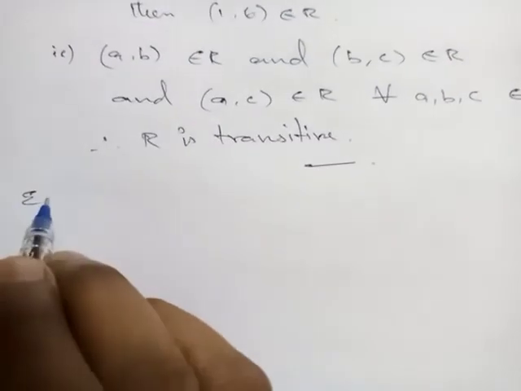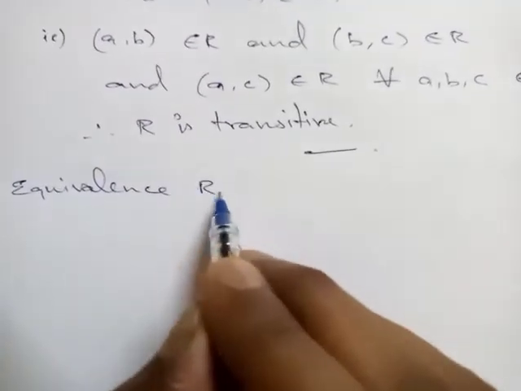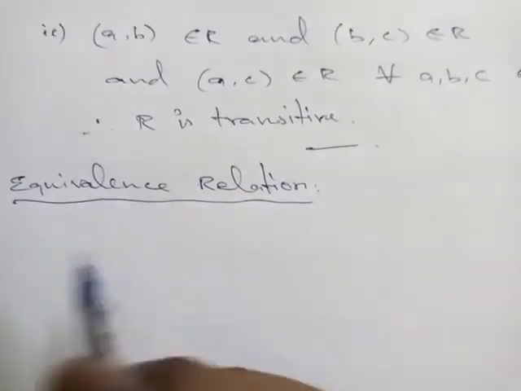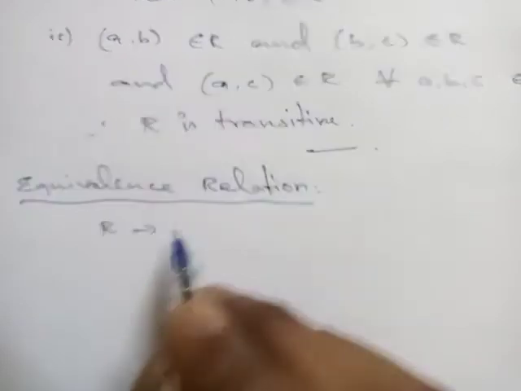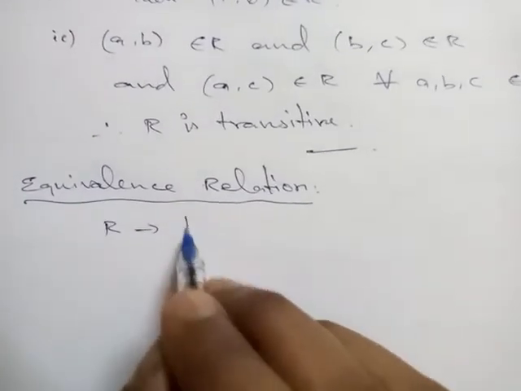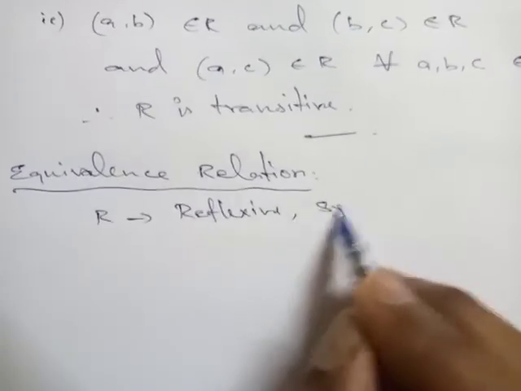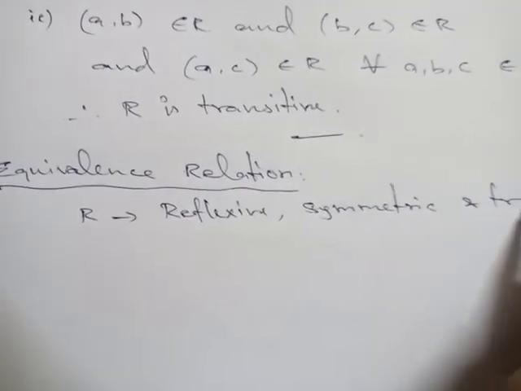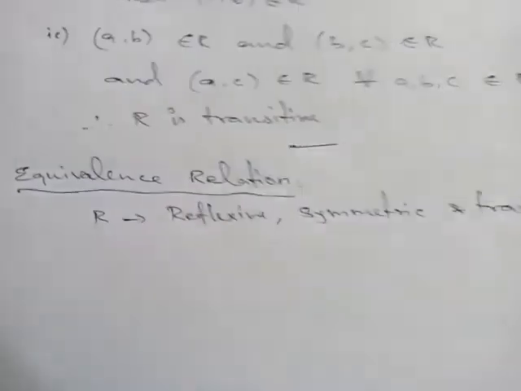Suppose one more thing is there, equivalence relation. This is another type of relation. If any relation R is reflexive, symmetric and transitive, then we can say that R is an equivalence relation.